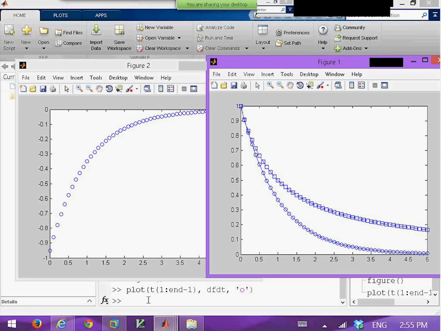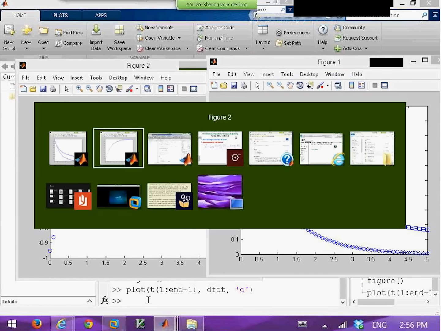Let's compare this against the real derivative. Now, what is the real derivative of this function?